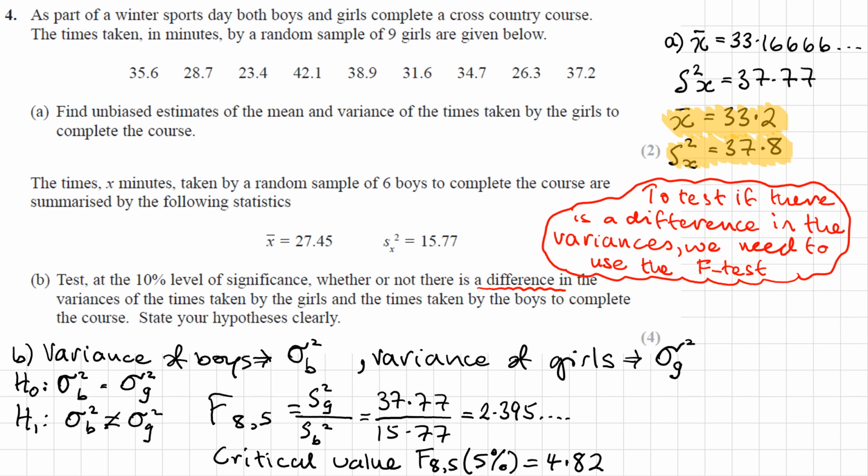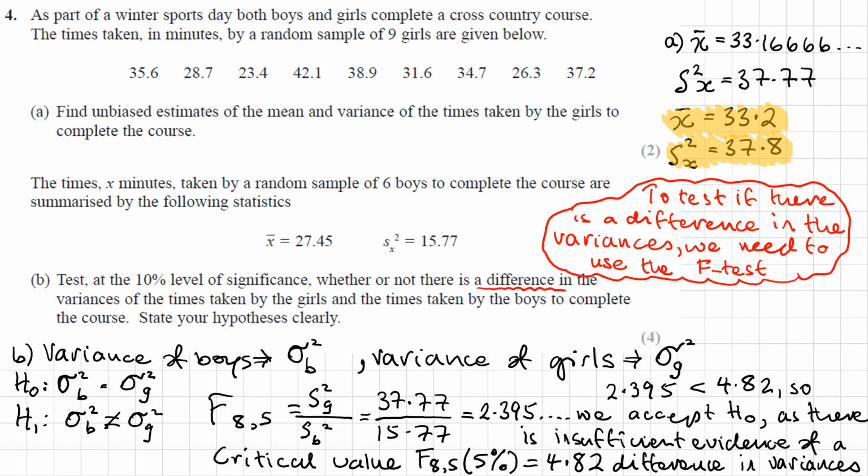Now this critical value here represents the maximum value that we would get from our test statistic before we reject H0. But our test statistic, 2.395, is less than this value. So we accept H0, and then we write our final conclusion. And that final conclusion would be that there is insufficient evidence of a difference in the variances of the boys and the girls.